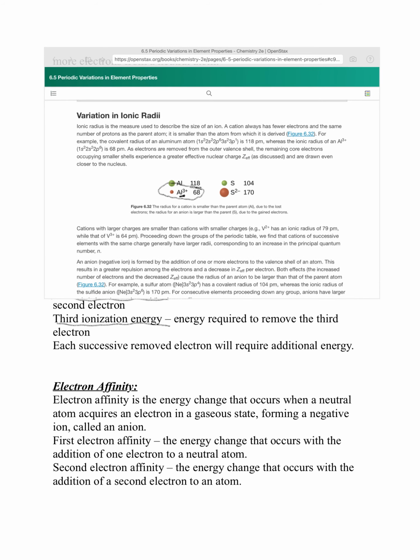So sulfur over here, you can see the neutral atom is 104 picometers. If I add two electrons, it's going to actually increase in size. Right? So why is that? If I add electrons, they're going to be the outermost electrons.